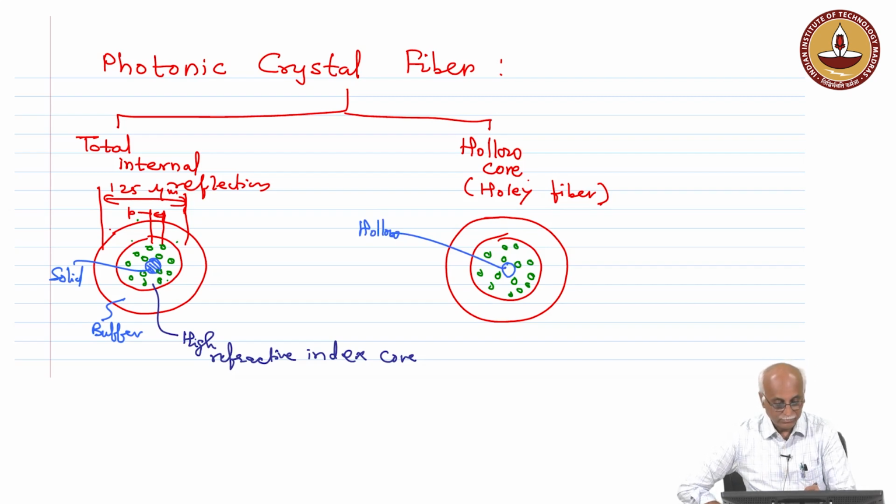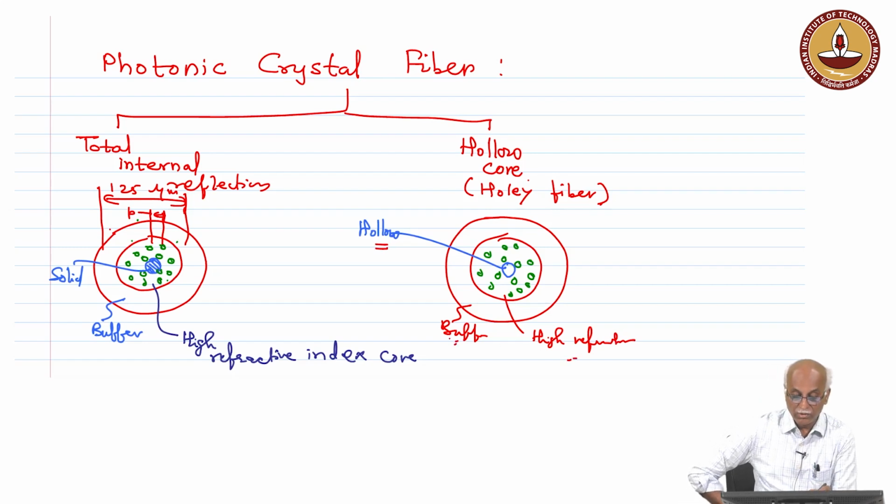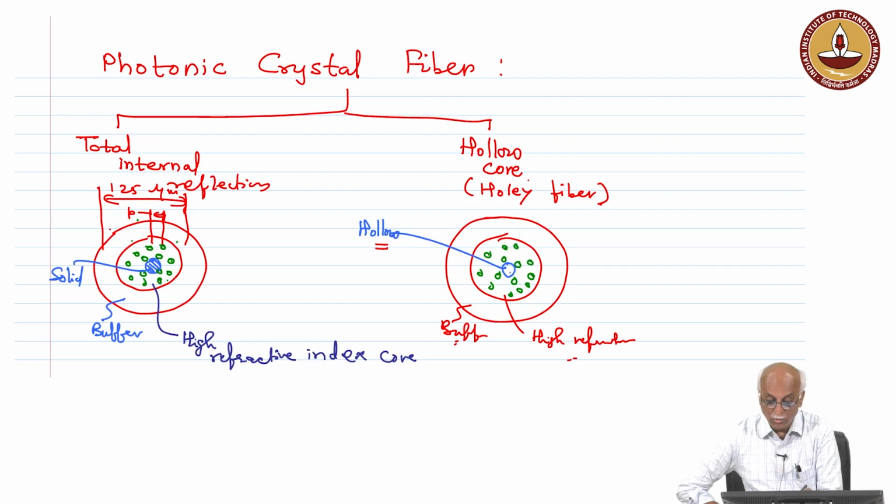Now, this geometry of this type of photonic crystal fiber, with a functionally graded configuration, with the buffer, a high refractive index core material, and a hollow core, with a certain design allows the light to travel through this hollow core, although the refractive index is lower as compared to the surrounding solid material.